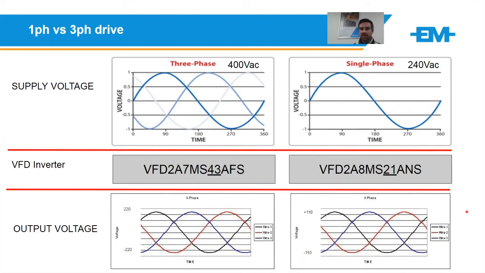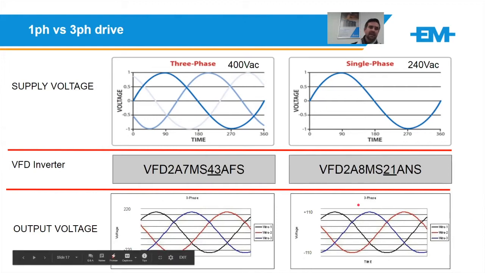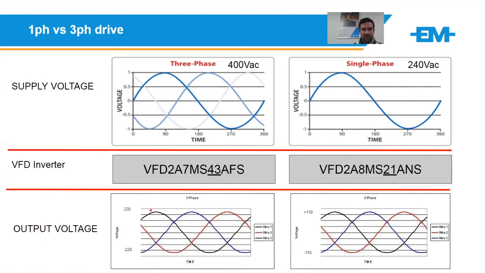Like previously discussed, most likely a delta connection on this motor and most likely a star connection on the 400 volt 3-phase motor. So again, 400 volt 3-phase in, 400 volt 3-phase out. Single phase 240 in, 3-phase 240 out.